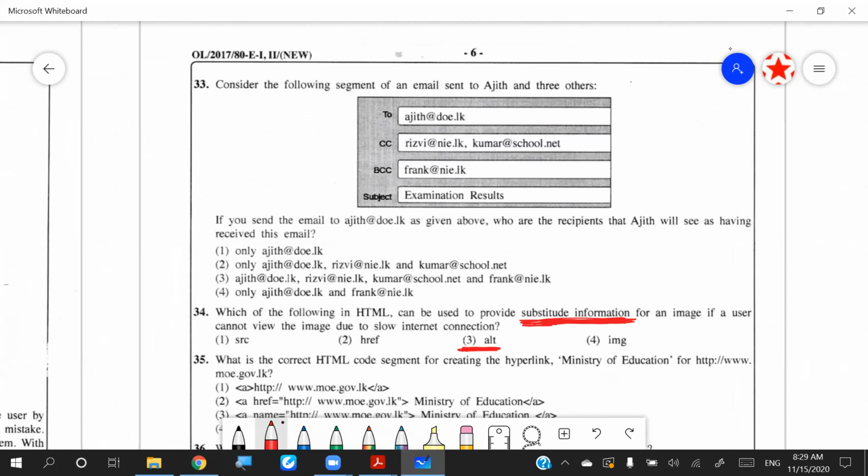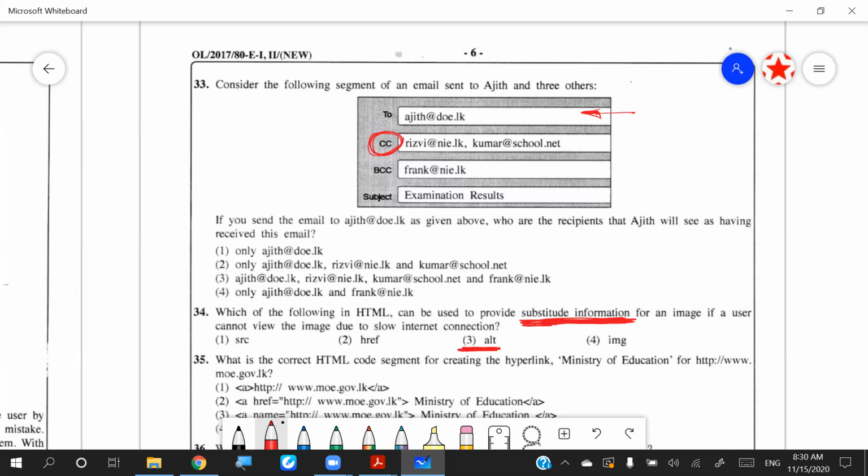Now, Ajit is in the To position. The person in the To position will see the CC, but not the BCC. As well as the people in the CC positions, they will see the To and the other CC recipients.